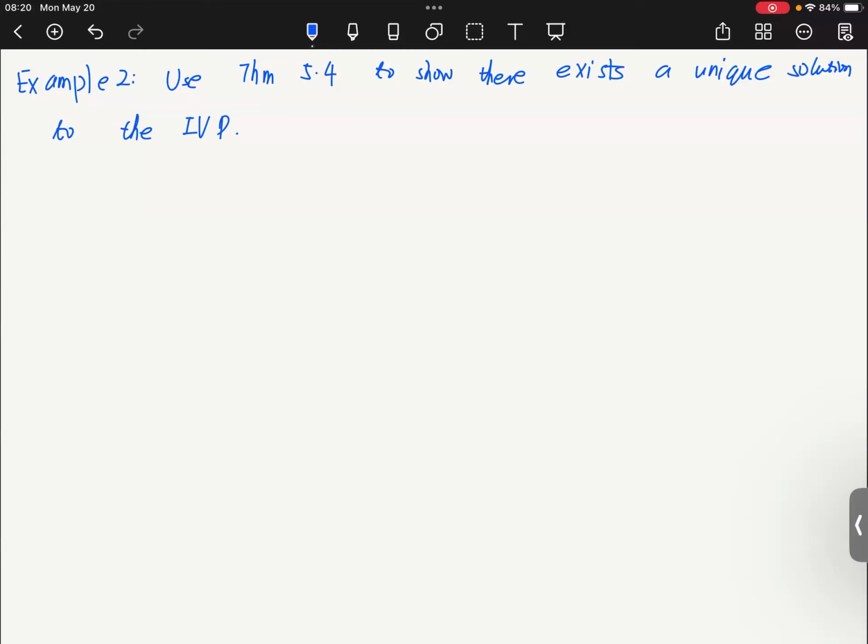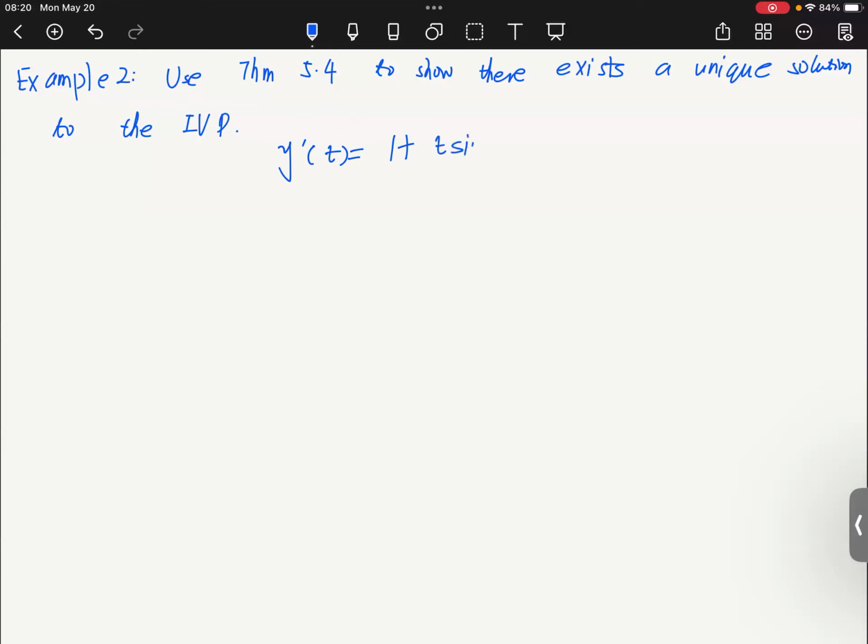The initial value problem is y', the derivative with respect to t, and on the right hand side, the source term should be 1 plus t sine t y. The time is in between a and b, and a and b are just 0 and 2. The initial value is just equal to 0.